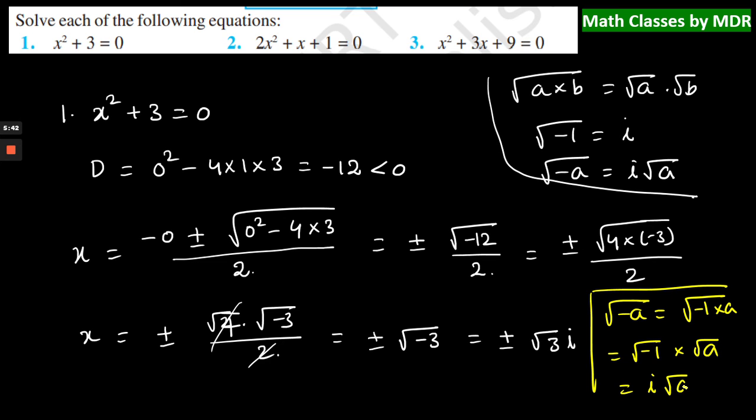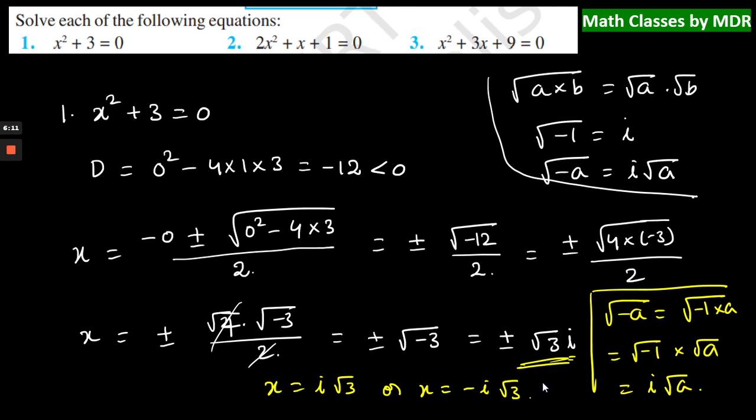So it is i root a. When you have root of minus 3, it is root of minus 1 into 3, so root minus 1 into root 3, and root minus 1 is i. So it is plus or minus root 3 i. It has two roots: one is x equal to i root 3, and the second one is x equal to minus i root 3.